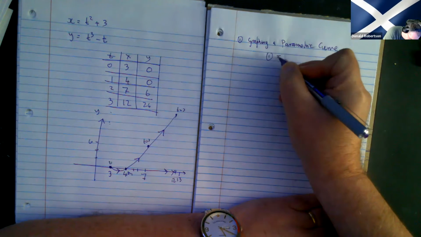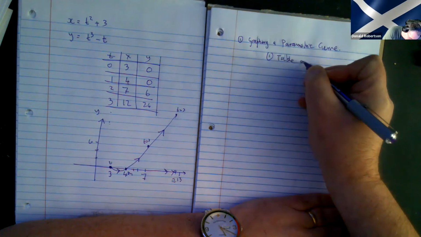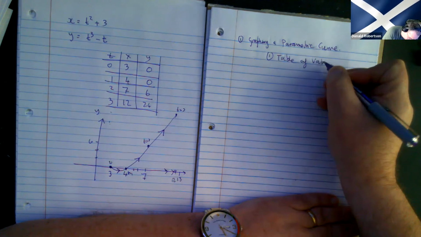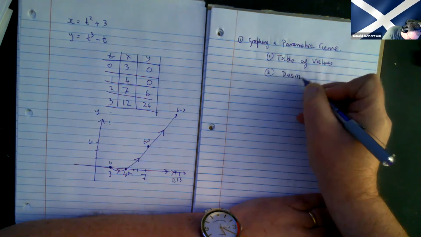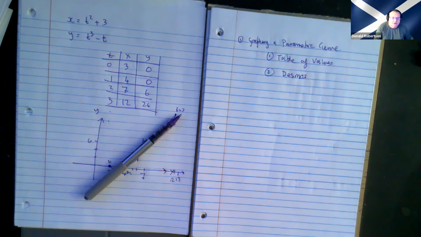One, we've just shown you a table of values. Two is going to be using Desmos. So let me jump over and show you how you would use Desmos to draw a parametric curve.